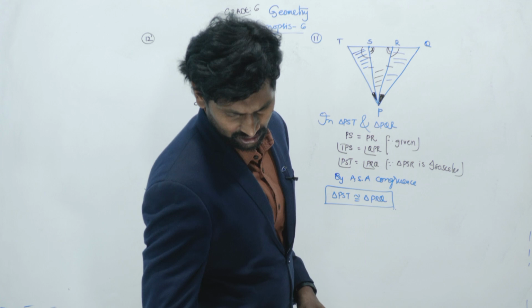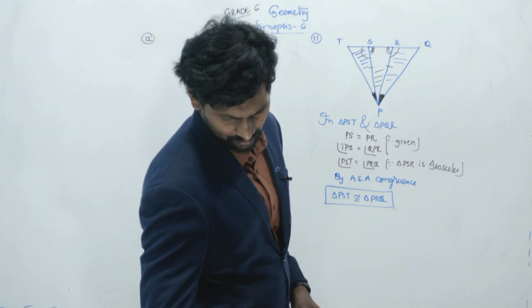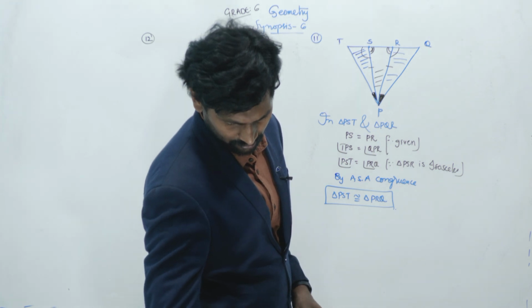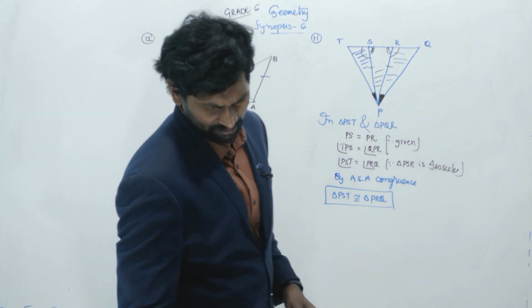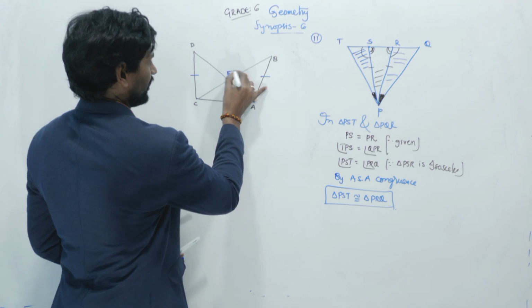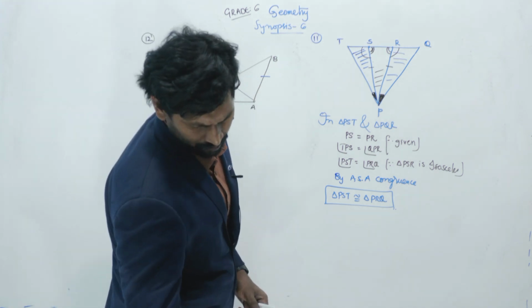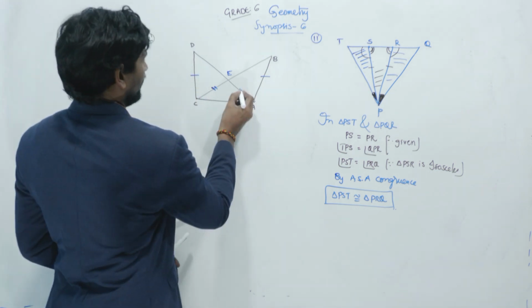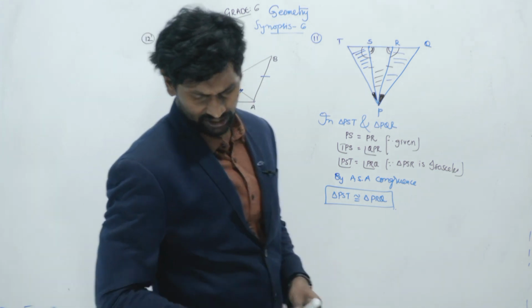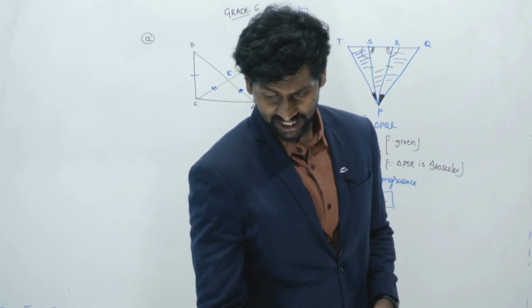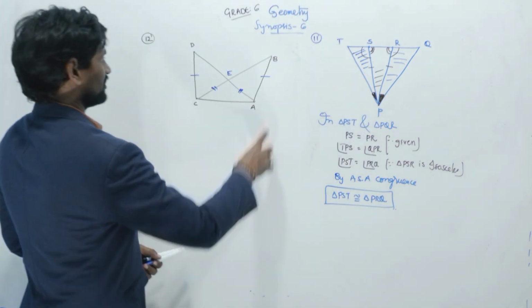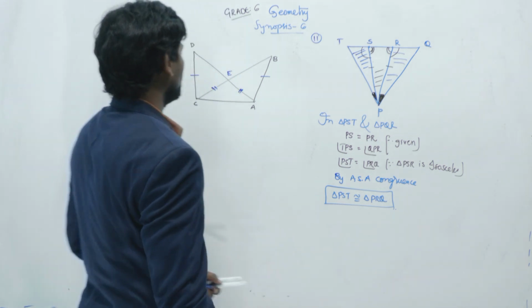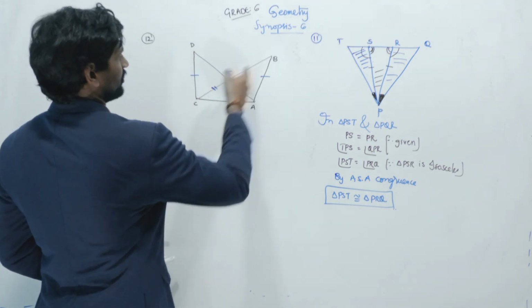E is the intersecting point. So in the given figure AB equals CD, and AD length equals BC length.